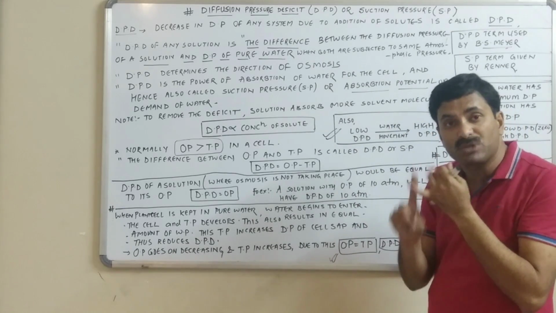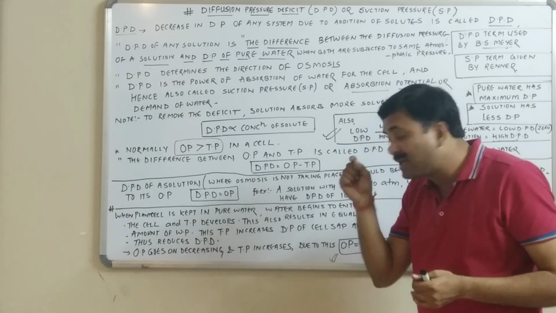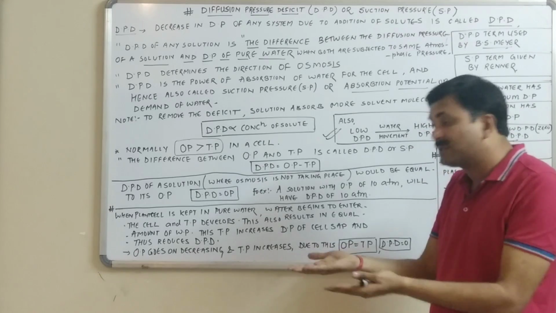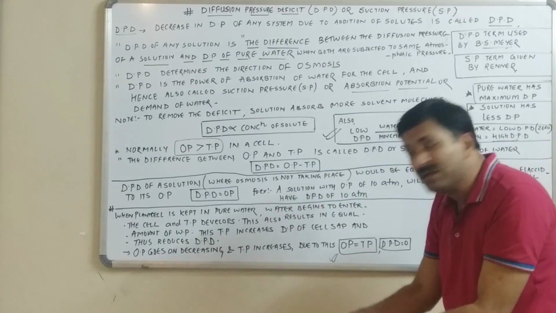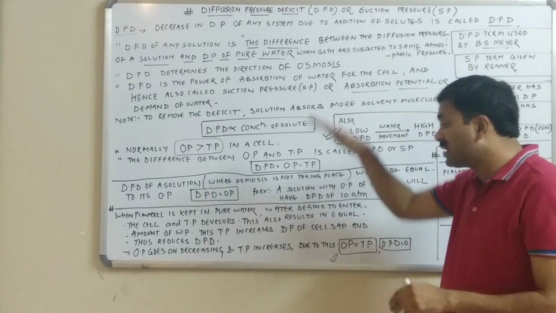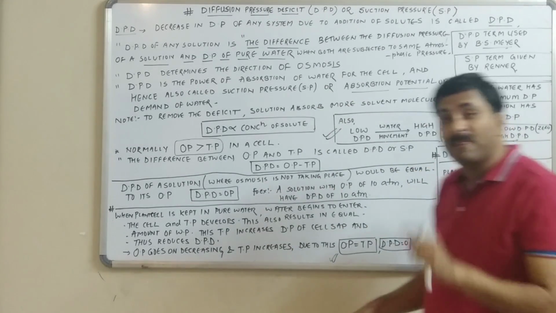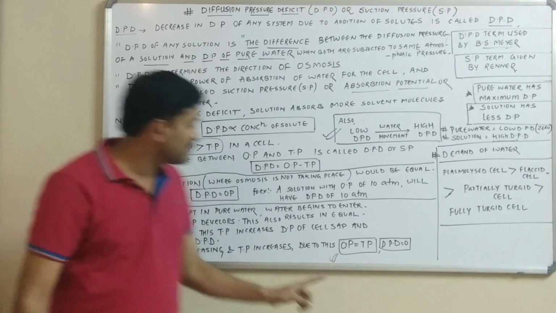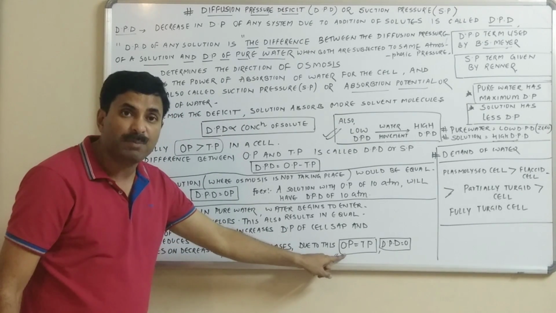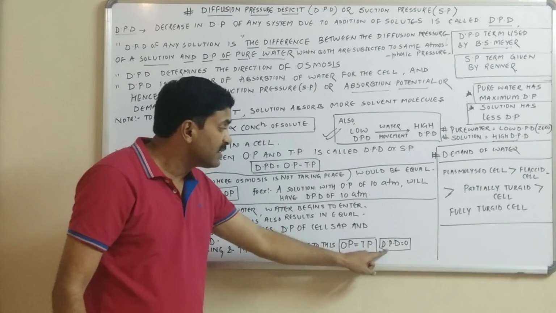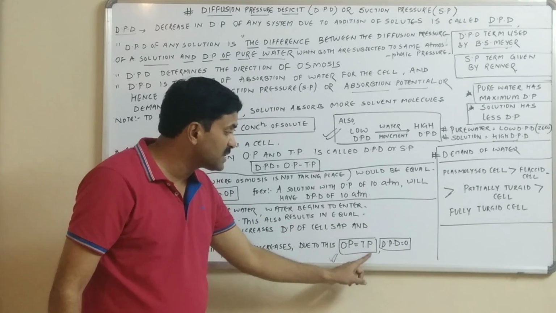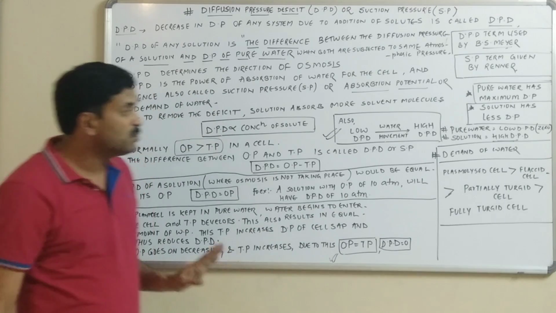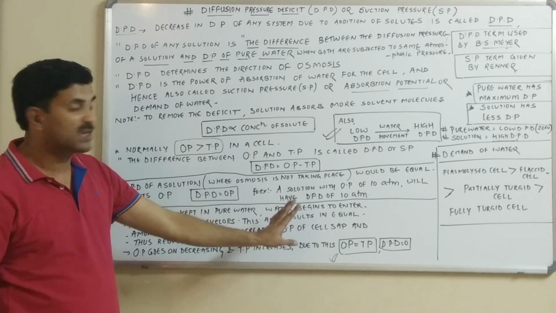So you have to remember 2-3 things. When a plant cell is kept in water, TP increases, DP increases, OP decreases, and diffusion pressure deficit decreases. In such a case, OP becomes equal to TP, and DPD is equal to 0. We will be justifying this statement also.